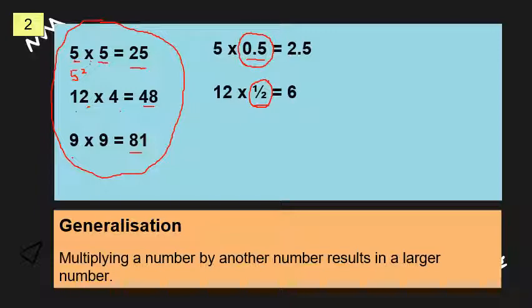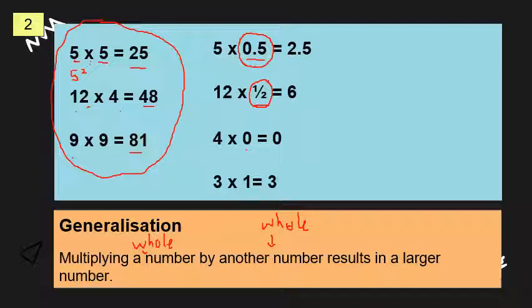I'm going to say, well, multiplying a whole number by another whole number results in a larger number. Oh, that's all fixed. But what about 0 and 1, if they're my factors?